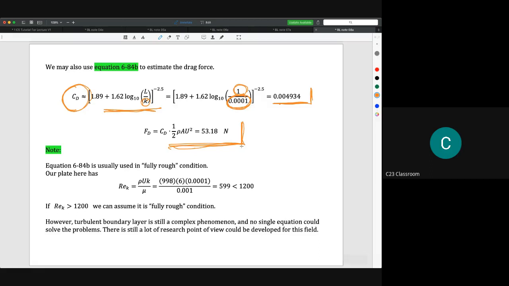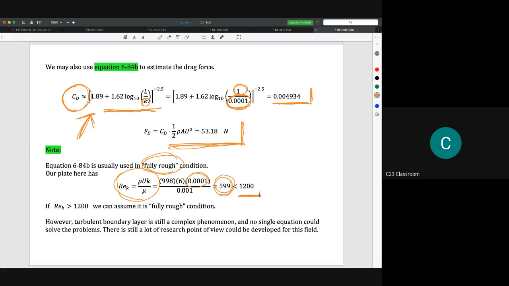From textbooks, it's mentioned that this equation is a good estimation if our condition is fully rough. Fully rough can be checked by using the Reynolds number of K here. The Reynolds number is rho U K over mu. We substitute the value of K here, and we got around 599, which is less than 1,200.